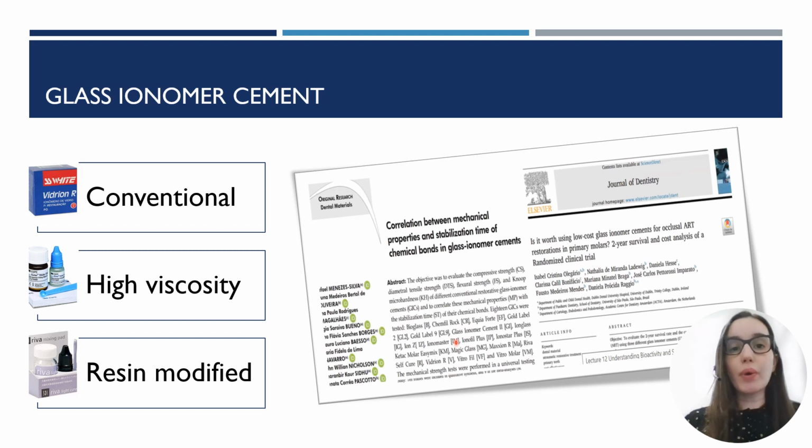Another important question we need to consider is, does every type and brand of GIC behave in a similar way? Unfortunately not. When we think about the type of glass ionomer cement, the evidence shows that the best restoration survival rates are achieved with resin-modified GIC and high viscosity glass ionomer cement.